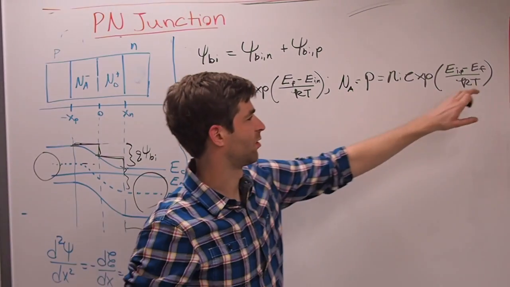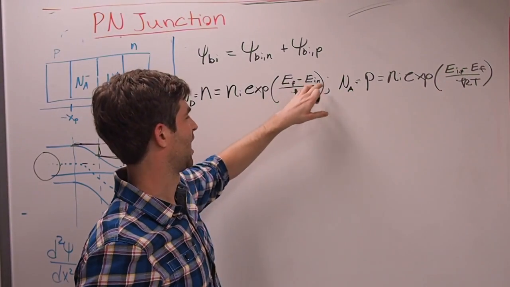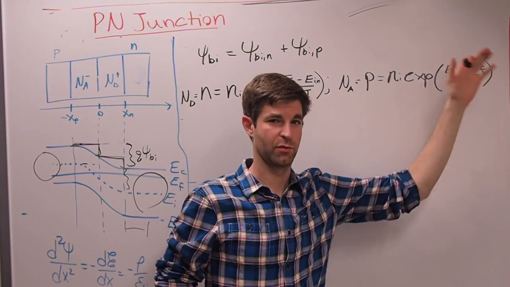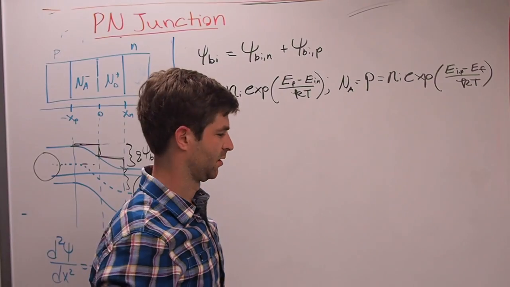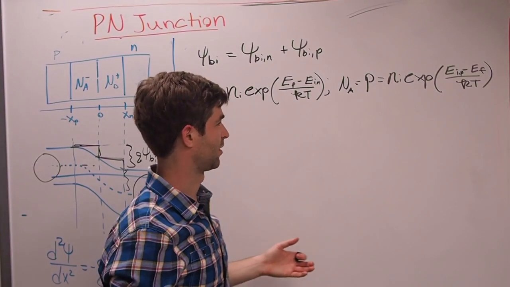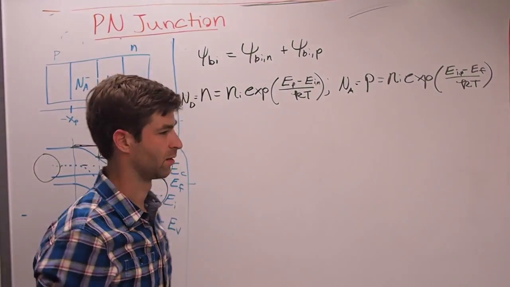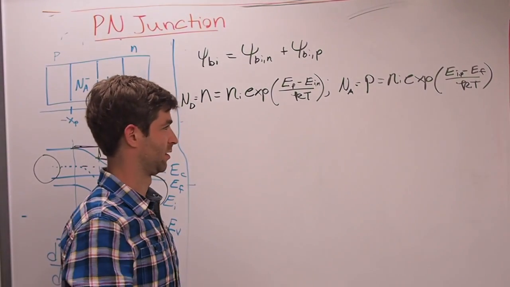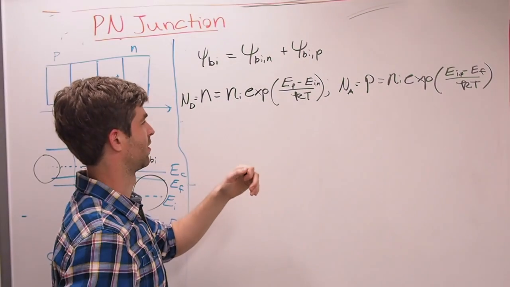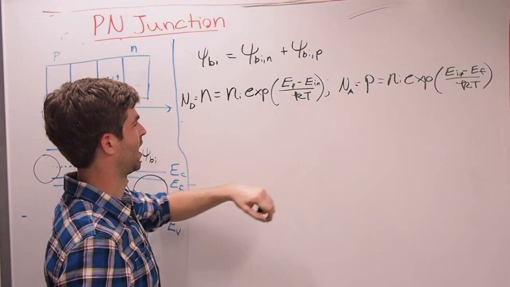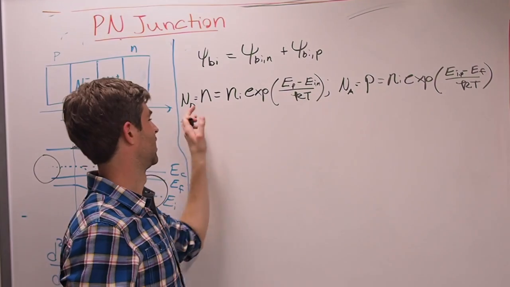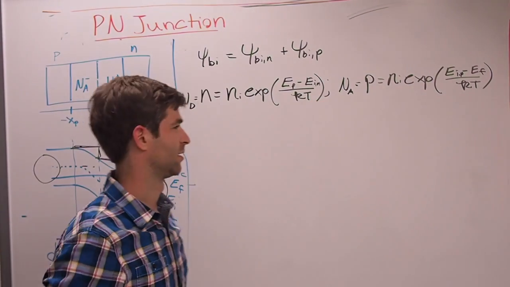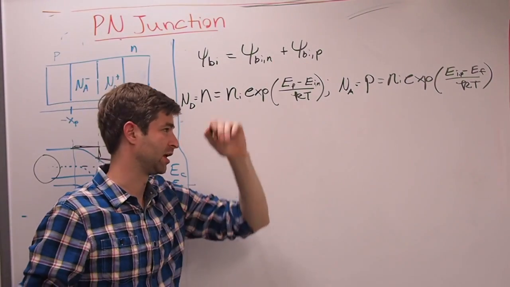So we want to find expressions for EIP and EIN, and hopefully when we put this together, the Fermi level cancels out, because the Fermi level is just something that we take in reference to everything, and finding it mathematically isn't going to work because it's an unknown in this case. We know KT, we know NI, we know NA and ND. Our unknowns are EIN, EIP, and EF. So we're hoping EF goes away.